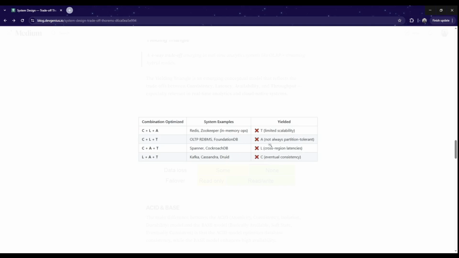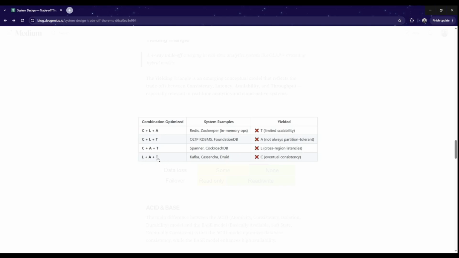Then we have CLT systems, which is OLTP RDBMS, where we are losing on availability. So we can't tolerate any partition failure or node failure. Then we have CAT systems, where we are compromising on the latency to give a higher throughput and consistent system. Because these systems are cross region, the region latency will be there.